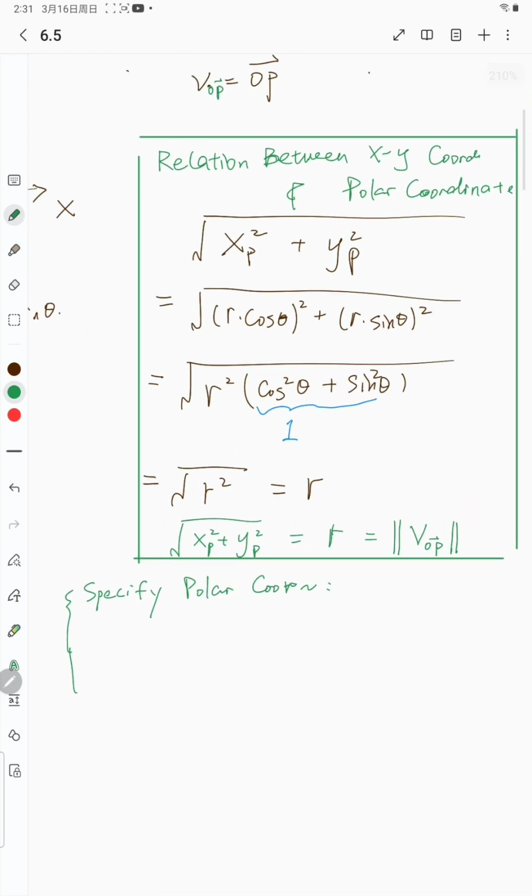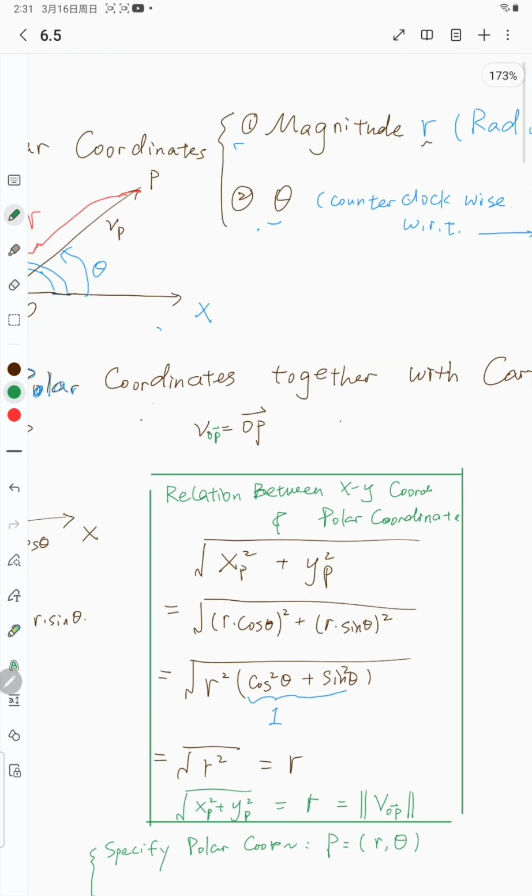It's usually specified from the background of the question, or you specify it yourself. Then we can write P using polar coordinates. It would just be (r, theta). So this is exactly the two components of polar coordinates.